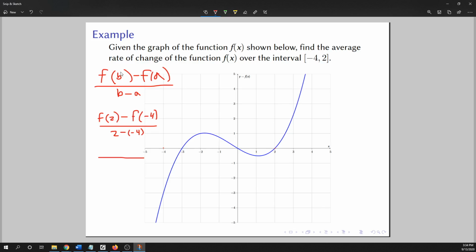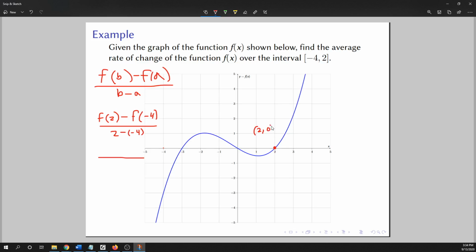So first off, f of 2. If I look at where 2 is on the x-axis and go up or down, looking for where the graph is, I can see that the point on the graph corresponding to 2 would be right here. That point, from the graph, has 2 as the x number and 0 as the y number.